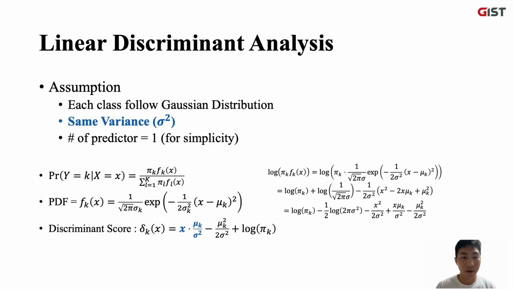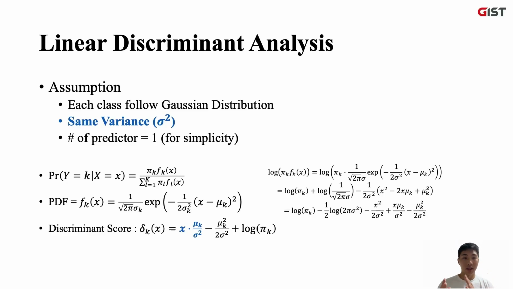Now, let's expand and simplify this equation. Here's an important insight. The terms log(sqrt(2 pi) sigma) and minus x squared over 2 sigma squared are constants that do not depend on the class k. Since our goal is to compare the score for different classes, any term that is common to all of them won't affect the final decision. Therefore, we can remove these terms.